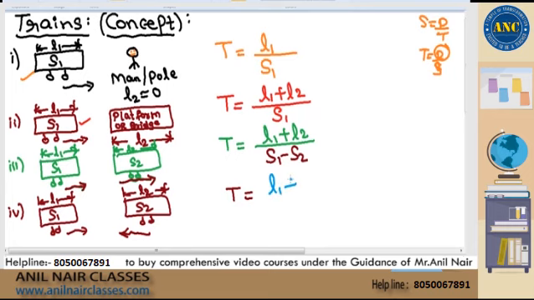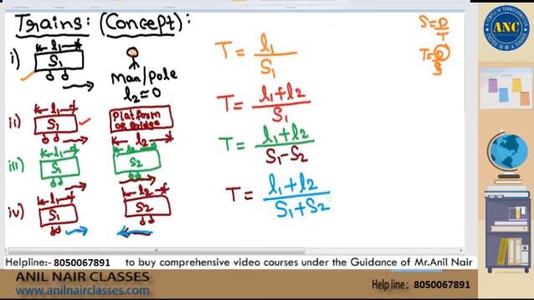Distance is L1 plus L2, divided by speed. Whenever two bodies are traveling in the opposite direction, speed is nothing but the addition of the speeds, right? I hope you have understood the basic concepts which need to be taken care of while solving train problems.